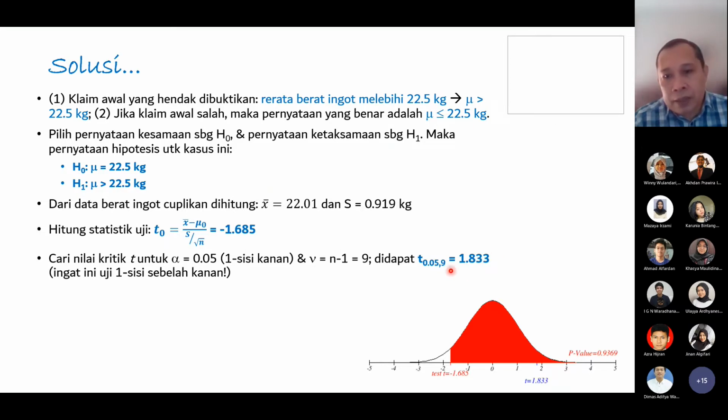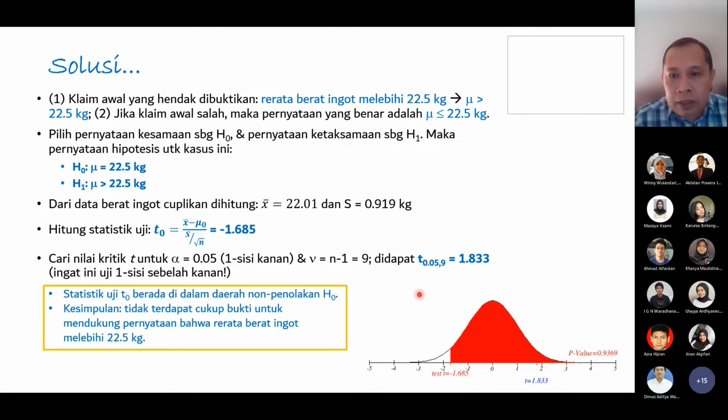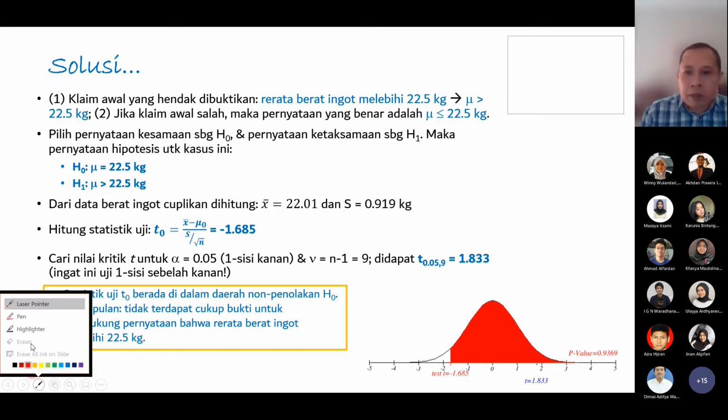Okay, all right. So the critical t-value is 1.83. Sorry, this one is not very clear. Okay, so this is the critical t-value, this one here. Let me draw some doodle on it.